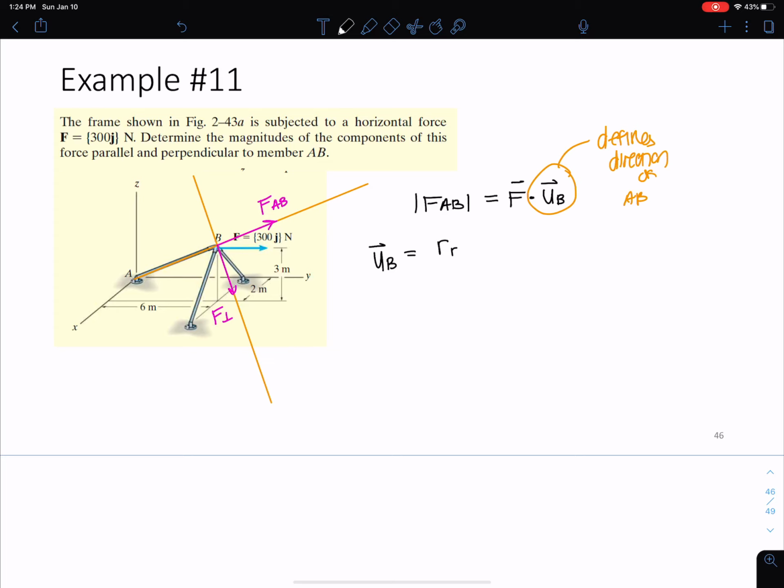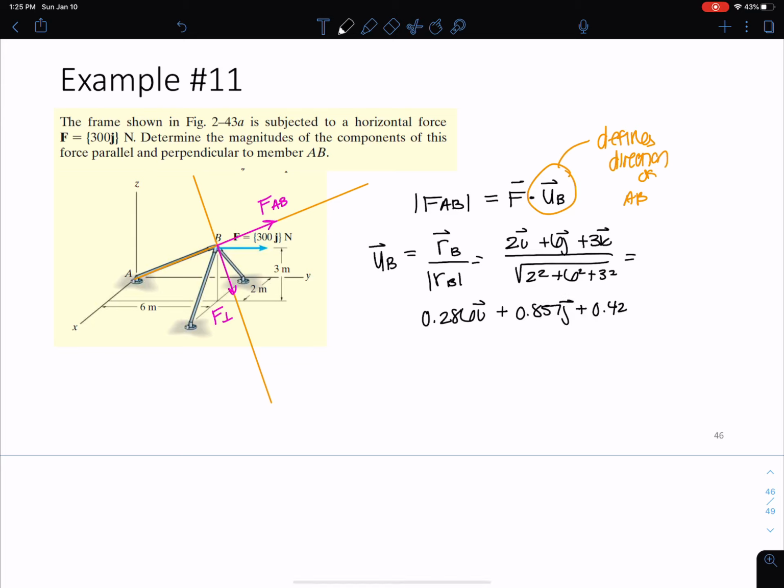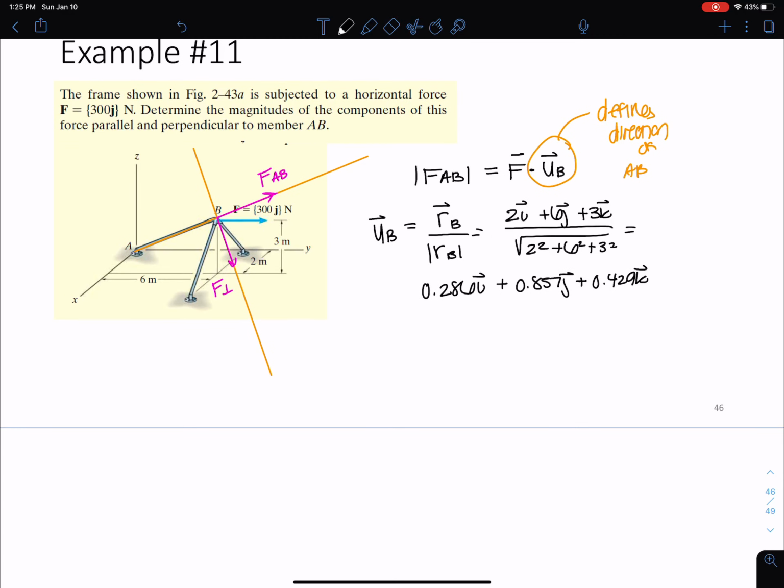I need the position vector for B divided by the magnitude of B, and I get 2I plus 6J plus 3K divided by square root of 2 squared plus 6 squared plus 3 squared, and I get, I'm going to write that down here, 0.286 in the I, plus 0.857 in the J, plus 0.429 in the K. So I now have my unit vector directed along AB, that component AB.